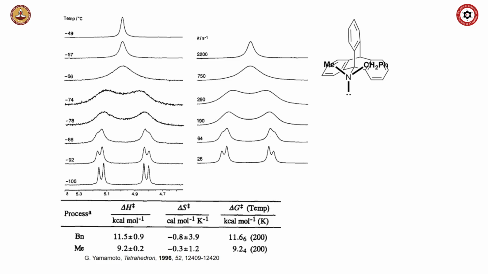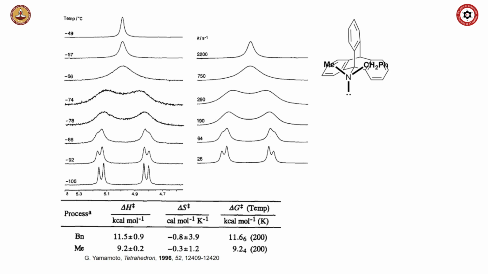This is at higher temperature where the rotation becomes faster and faster. You have a broadening of the signal, and then finally sharpening of the signal again takes place at minus 49. At this temperature rapid rotation is taking place, and that is why it is giving a sharp peak here. This is a calculated spectrum, a simulated spectrum. The simulated spectrum looks nearly the same as the experimental spectrum, except for the noise here, which is artificial noise.